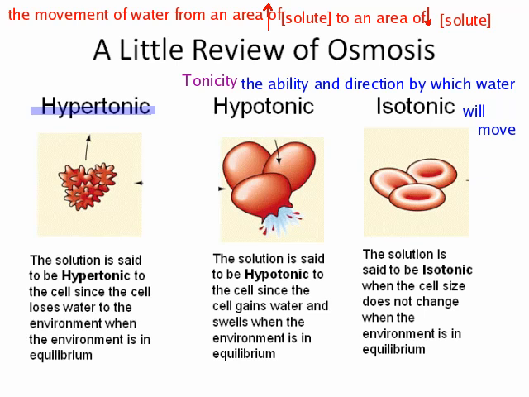And so in a hypertonic solution, what we are implying is that there is a greater solute concentration in the extracellular material outside of the cell than what there is inside of the cell. 0.9% sodium chloride in the cell, 10% sodium chloride out of the cell.